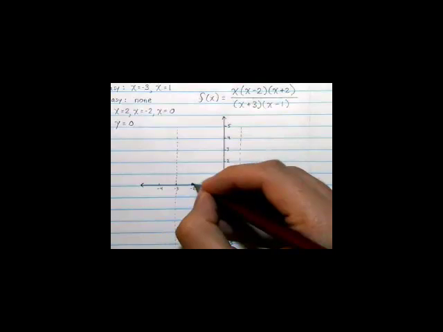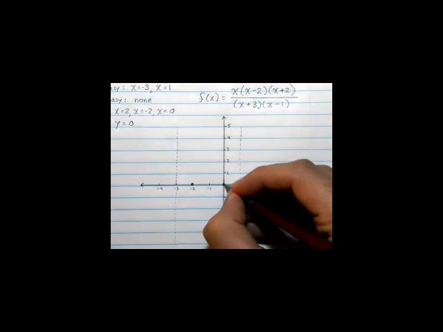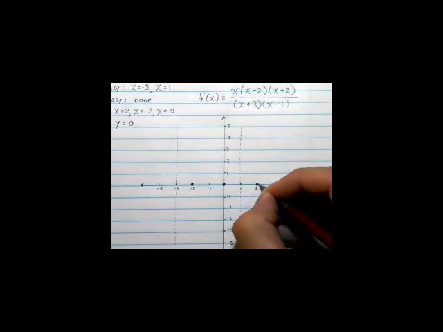X-intercepts, -2, 0, 2. And the y-intercept is already on there too. So, okay. Let's take a look at this thing one piece at a time. Do you see how there are going to be 3 chunks to this thing?